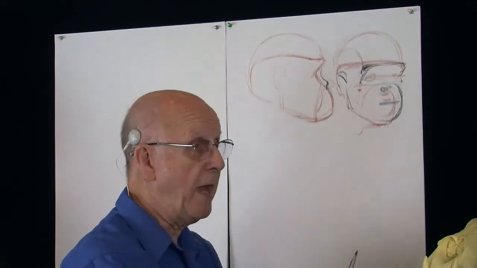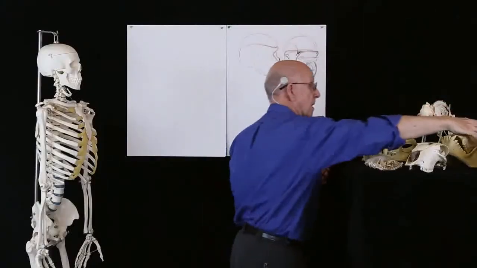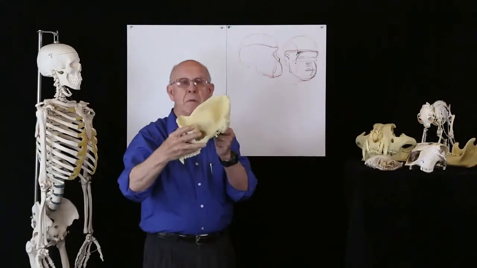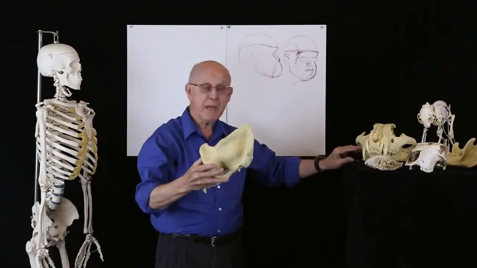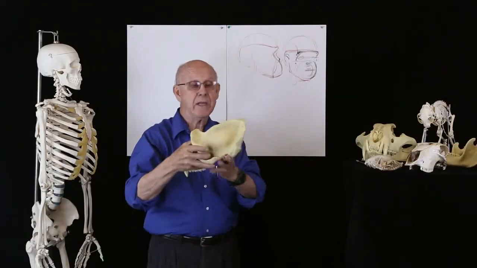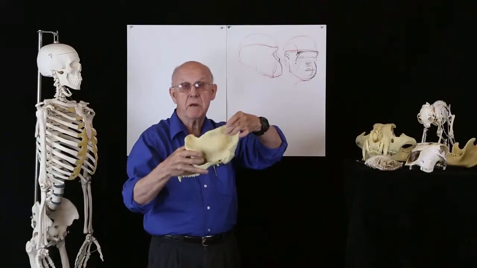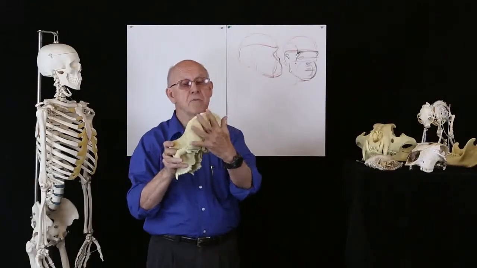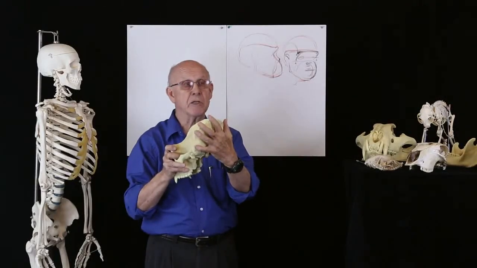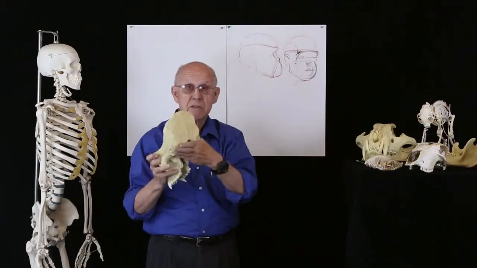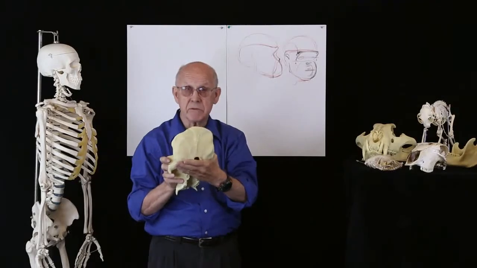Now, let's go back and look at this gorilla a little bit. This is a big, heavy head. You can see these parts that are raised up here. All of this is for attaching very large muscles to hold the head up. There's no other function here. It's just a platform for holding muscles.